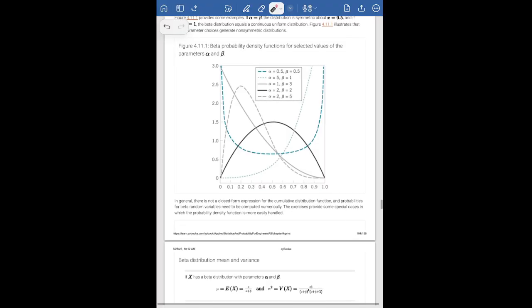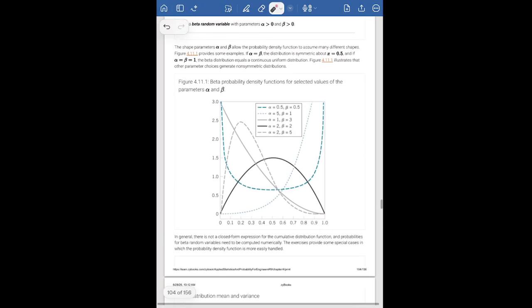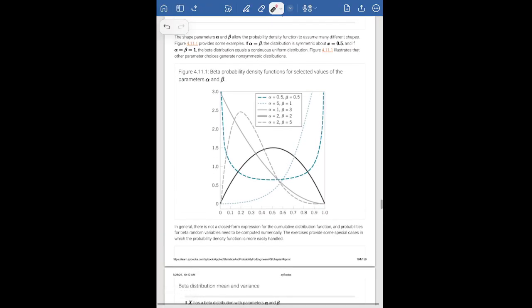Right? And under certain conditions for your alpha and your beta, we could have all these various shapes showing how these can be. For example, when alpha is equal to 5 and beta is equal to 1, then we would have a curve that is something like this.